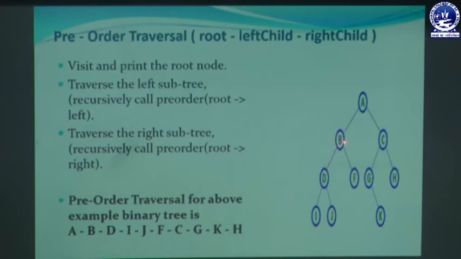As we are traversing the binary tree by using pre-order traversal, first the root node B is already visited, and the left subtree for the node B is also visited.